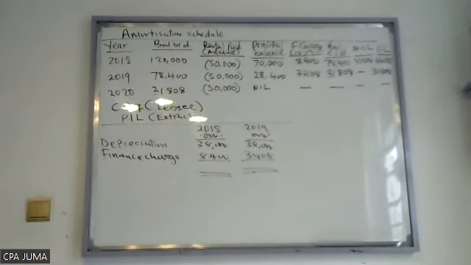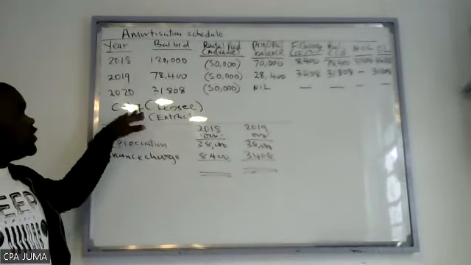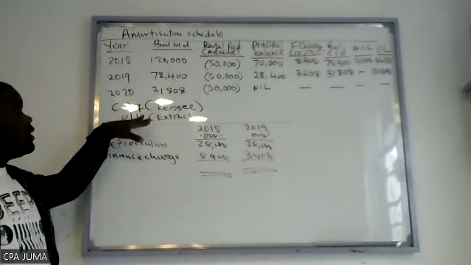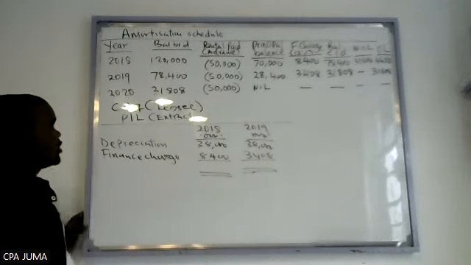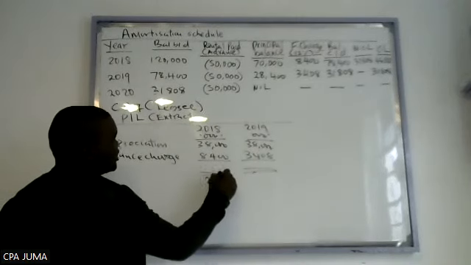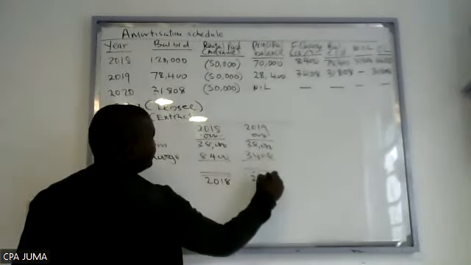Good. Let's go to the statement of financial position. Because of space, we are making an extract. So I'll just pick 2018, 2019.